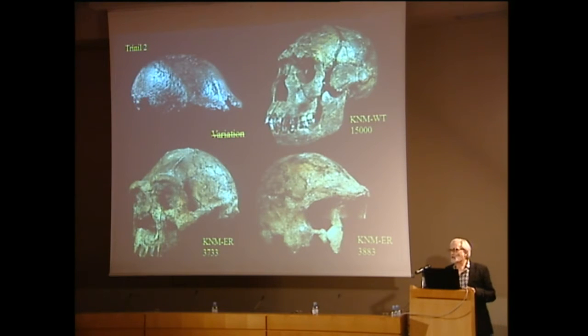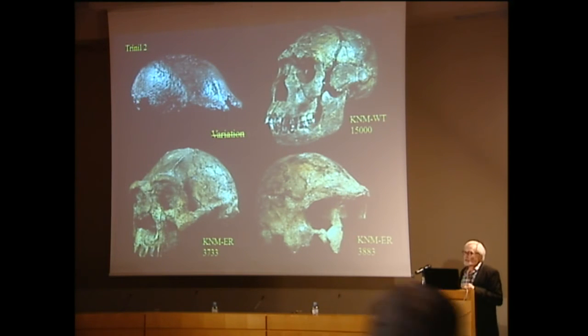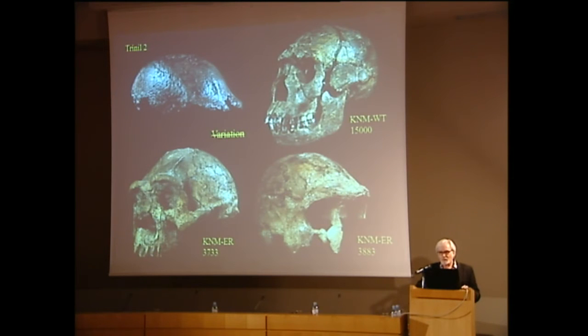It already has an elongate, narrow face, a tall, semi-narrow nasal aperture, and mounded brows and a rounded skull. 3733 has a sulcus, which is defined by this very thin, superiorly projecting brow with the peak, which is anterior on the skull, whereas in 3883, the peak is posterior on the skull, and the brow is a totally different configuration from the three of them.